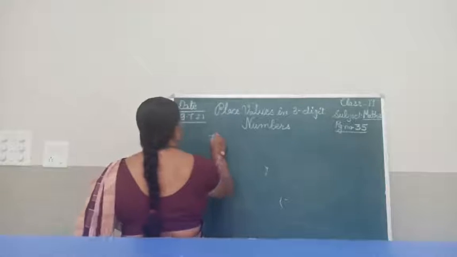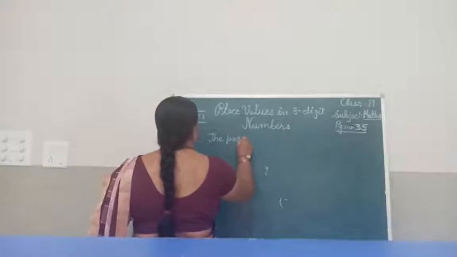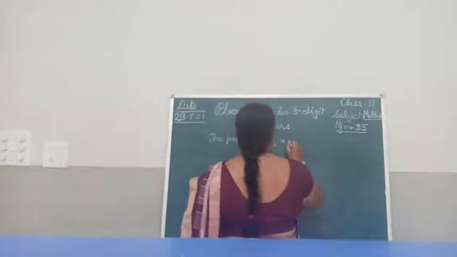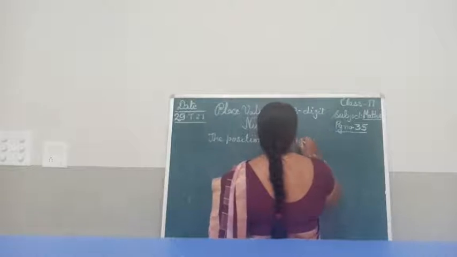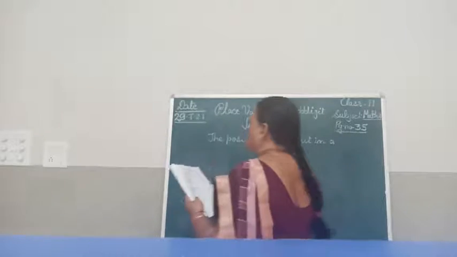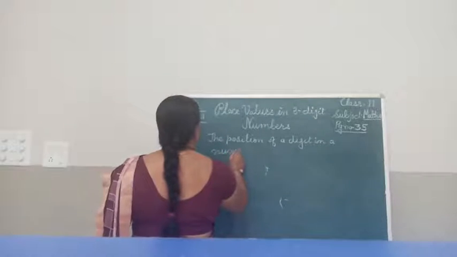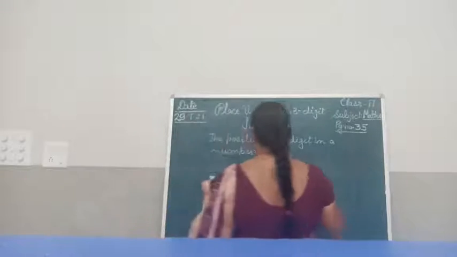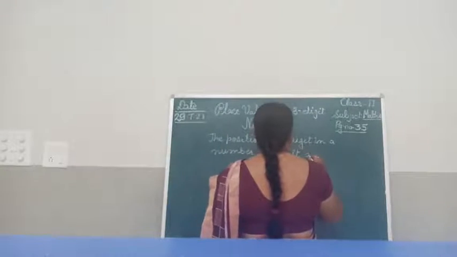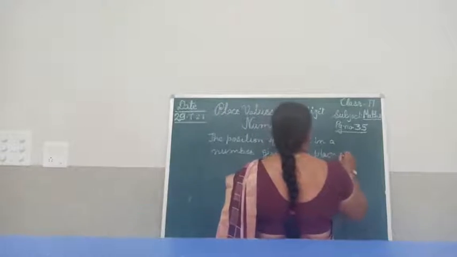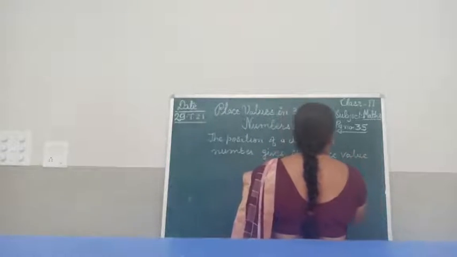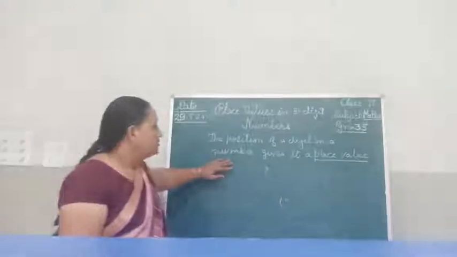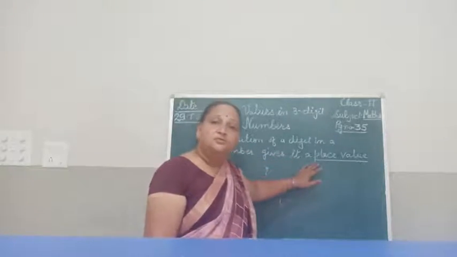The position of a digit in a number gives it a place value. How?